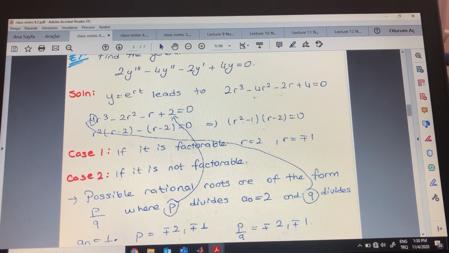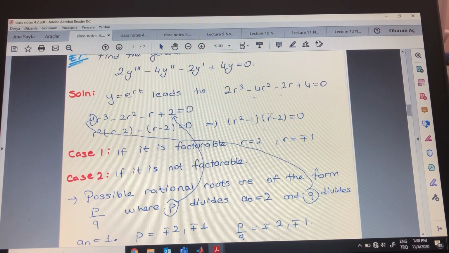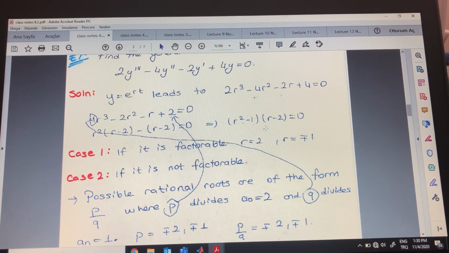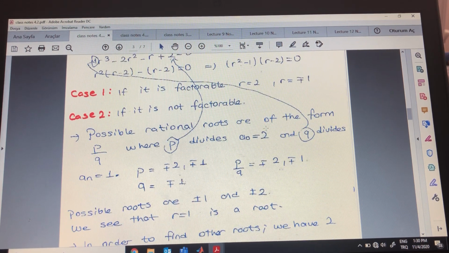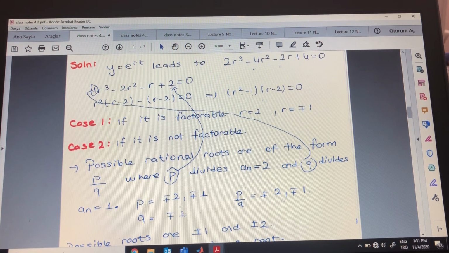But if you cannot find the factorization like that easily, you can use synthetic division. And of course, you also need to check the possible roots, okay? I will talk about that, but since you can factor this one out, you know that r equals 2 is one solution, another one is plus or minus 1. So your solutions will be e to the 2t, e to the negative t, and e to the t.